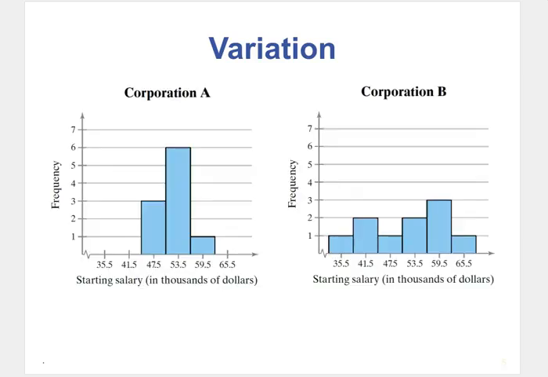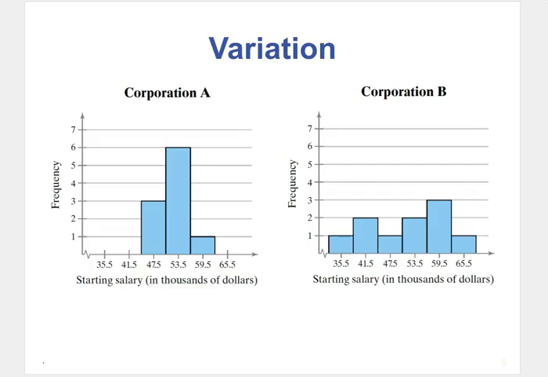So here are the histograms of the data. And as you can see, Corporation B is much more spread out. Notice for Corporation A, the starting salaries are all clustered together, and in Corporation B, they are not. So this might affect you if you decide to take a position. They might tell you, hey, our mean salary is $51,500, and you're like, great.